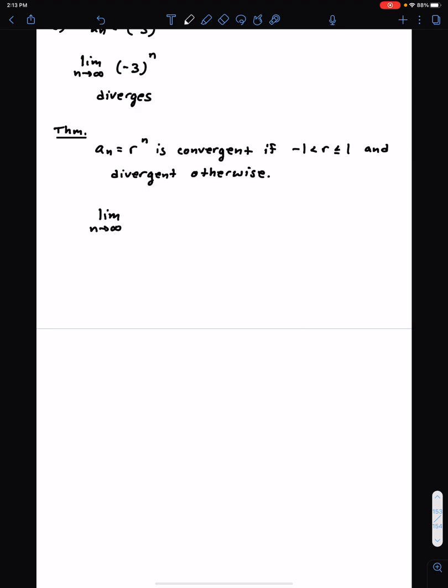The limit as n approaches infinity of r to the n is equal to 0 if negative 1 is less than r and r is less than 1, or 1 if r is equal to 1.